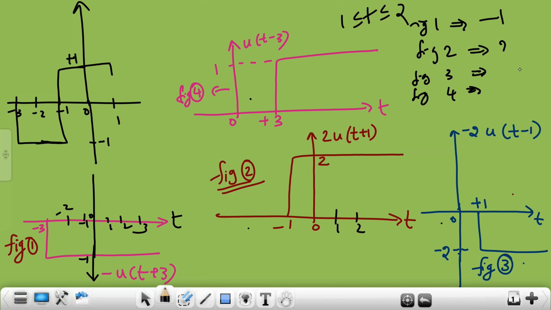And from figure 4, during the time interval 1 to 2 you don't have any signal because the signal is starting only from +3. So while adding these, the answer is -1. So the signal will come back to -1 and it will go like this till 1 to 2.